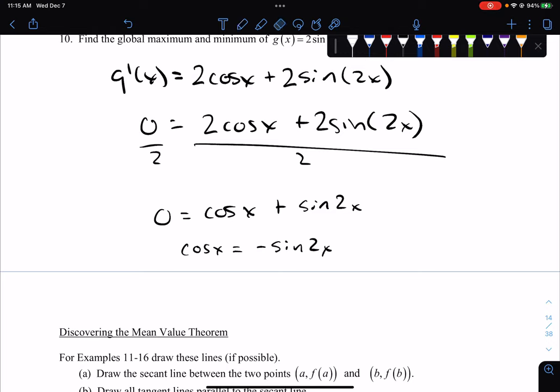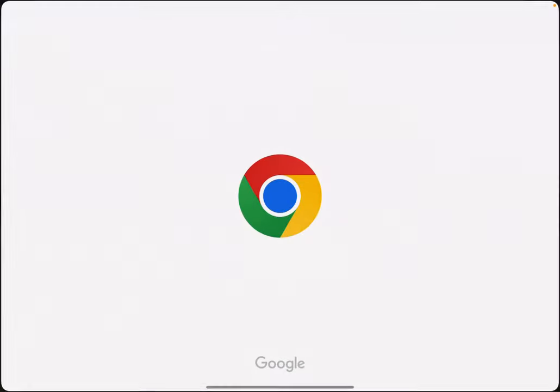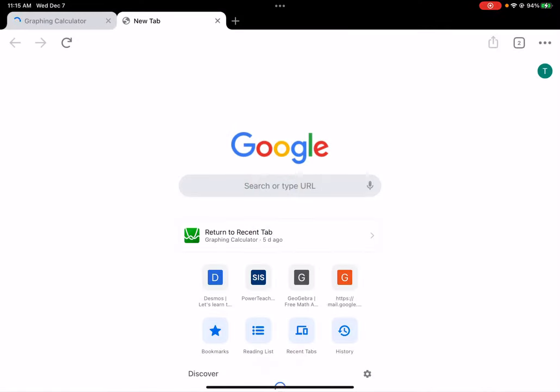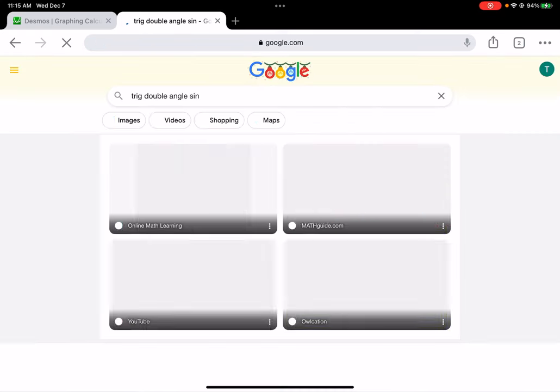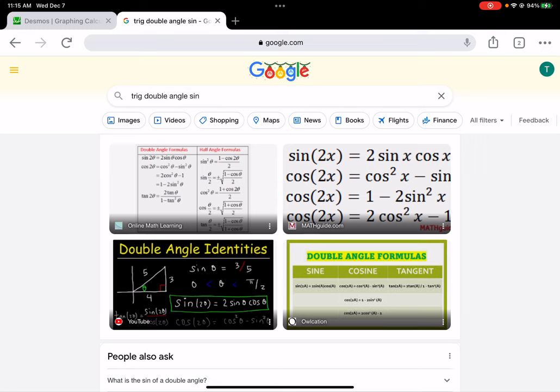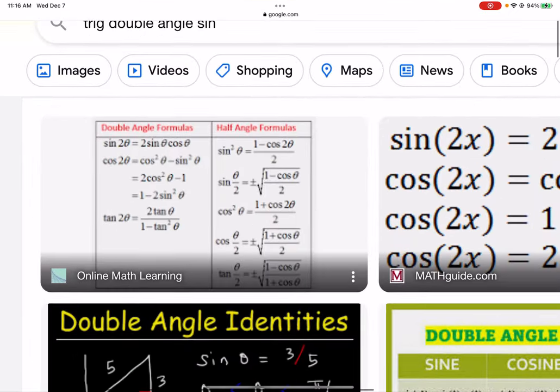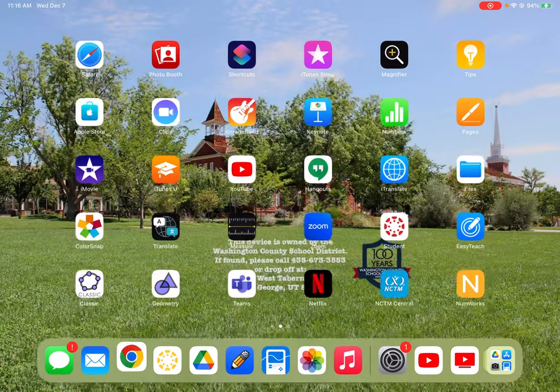This one actually might be easier if we use the double angle formula, which is something theoretically that you should know. Double angle for sine. And this should give us the formula that we've all memorized so much, right? No, I haven't even memorized it. So double angle for sine is 2 sine theta cosine theta.